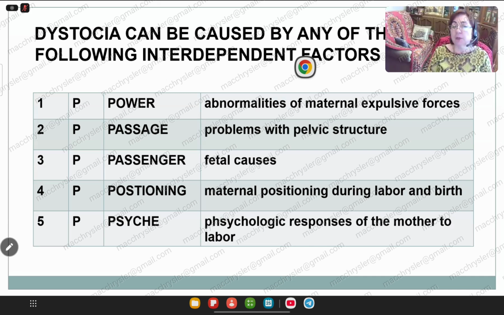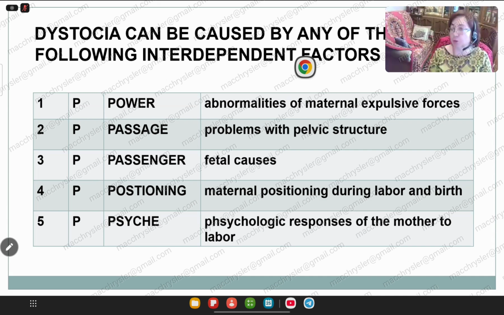Remember that for labor we have 5 main P points which are associated with the normal process of parturition. It's power. Power is abnormalities of maternal expulsive force, normal or abnormal. In simple words, it's contractions. Passage is a problem with pelvic structure, and here it might be a result of a narrow pelvis.